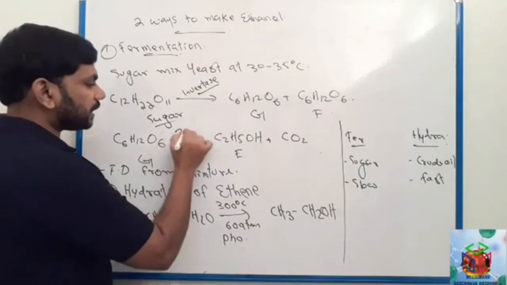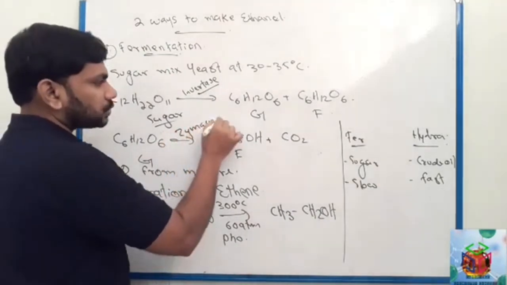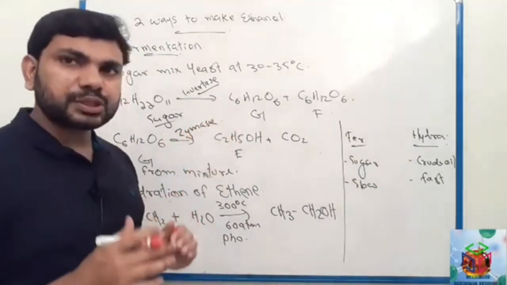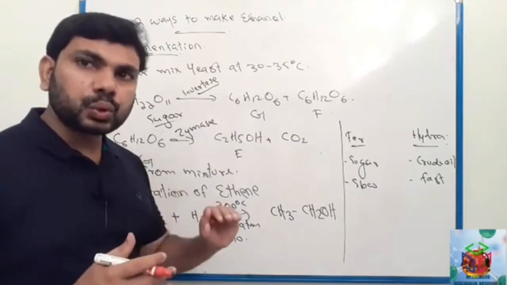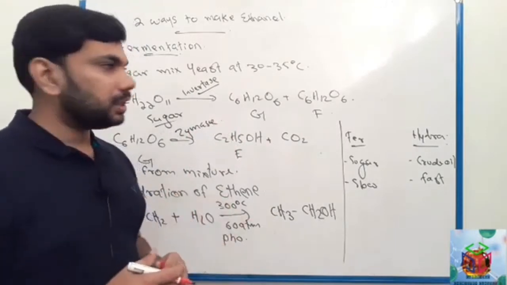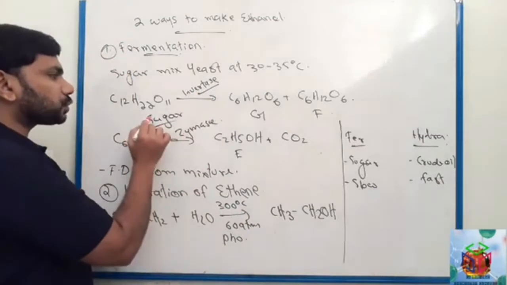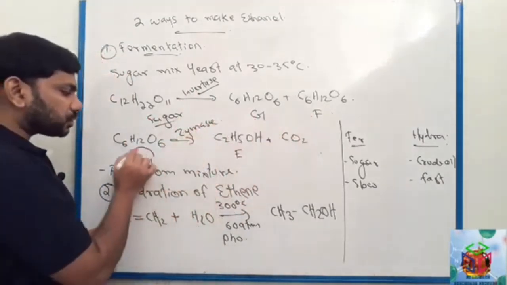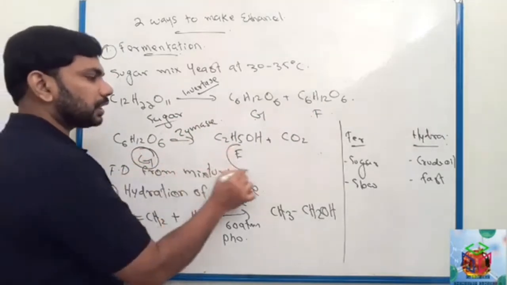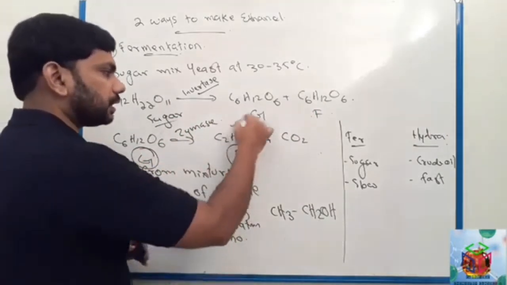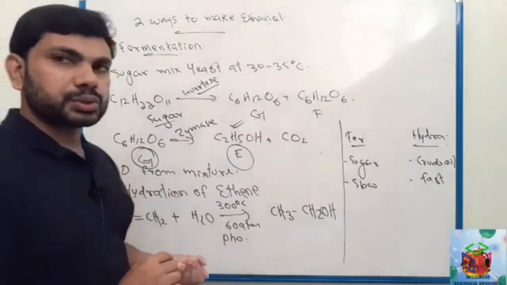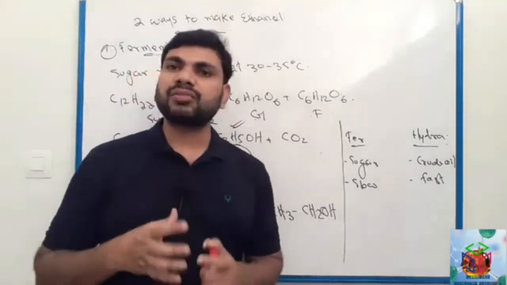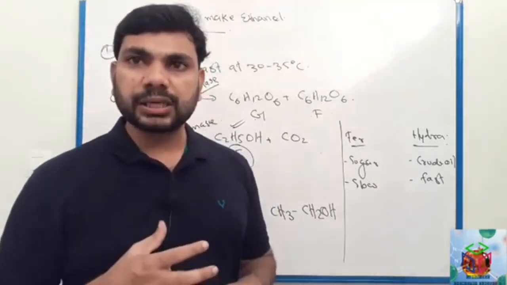Invertase helps to convert sugar into glucose and fructose. Zymase helps to convert glucose into ethanol and carbon dioxide. So here ethanol is produced. This method of production of ethanol is called fermentation.